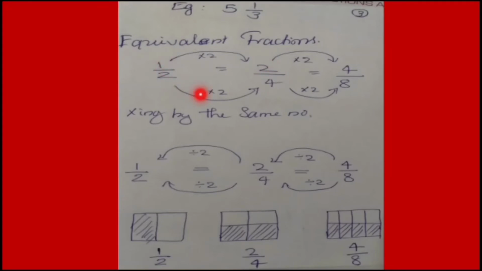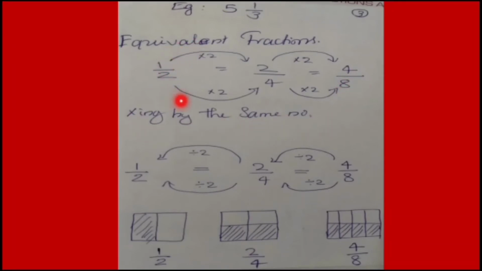We are multiplying the numerator as well as the denominator by 2, and you get an equivalent fraction of 1 by 2, that is 2 by 4. Again, if you want more equivalent fractions, you multiply the numerator and denominator with the same number. If you multiply by 2 again, the numerator becomes 4 and the denominator becomes 8.